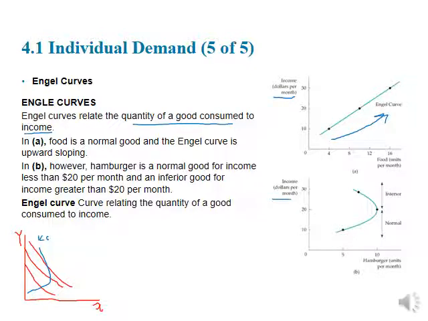As income goes up, quantity demanded of that good goes up. We might see, however, for inferior goods, an Engel curve bending backwards, where as income goes up, and income is on that vertical axis, quantity demanded of that good will go down. That's an arrow. Ignore my bad handwriting.